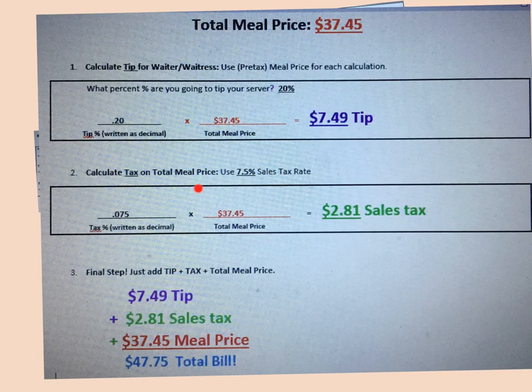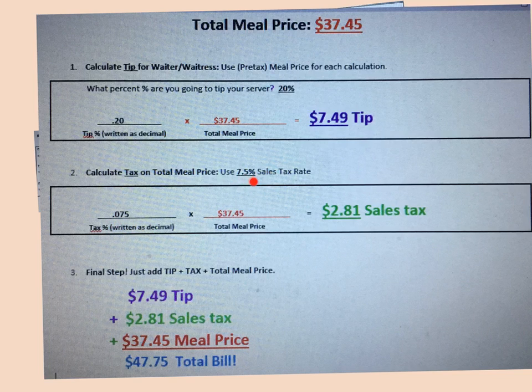Now I'm going to figure out my sales tax on my meal price. Again, I'm going to put my total meal price in this slot. My tax rate is a little bit different than the tax rate on your sheet. I have 7.5% tax. I think you have 6.5%. So your tax percent is a little different, and you need to write it as a decimal a little bit different.